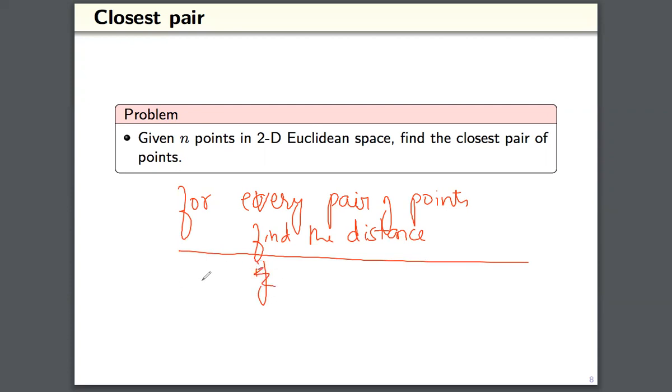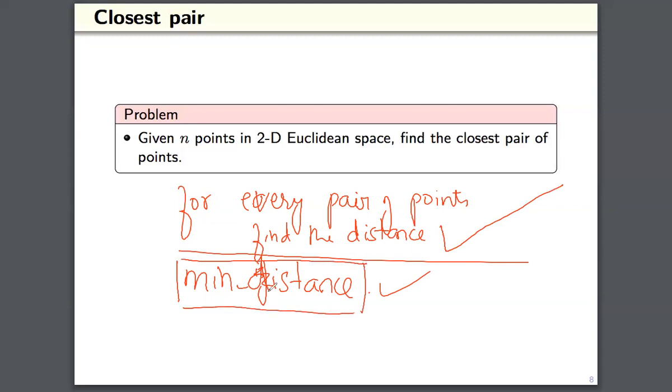So I will not give the code here. That's your answer, right? So all these are the candidate solutions, and the pair which has this min distance is the valid solution.